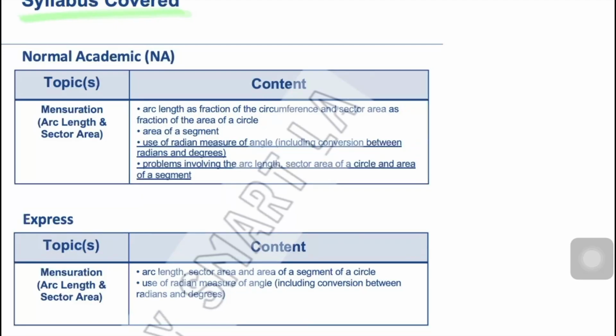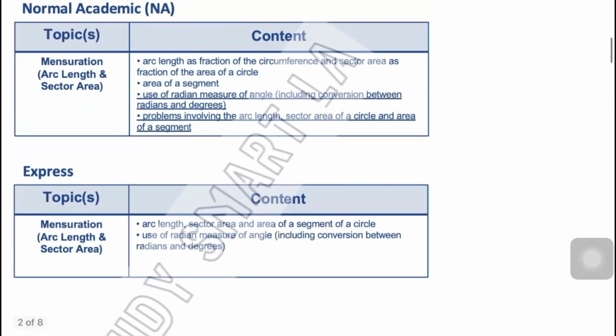Next is actually the problems involving arc length, sector area of a circle, and area of a segment, which kind of encompasses the questions that you'll be encountering in this whole arc length and sector area. So those problems that are arc length, sector area will actually be appearing in section B of your paper 2.